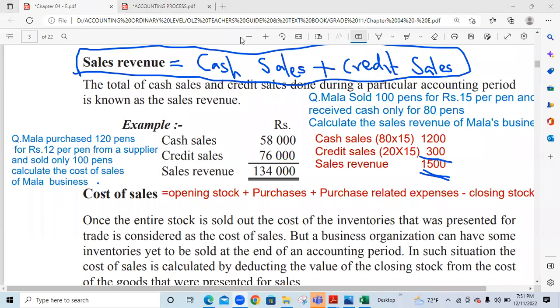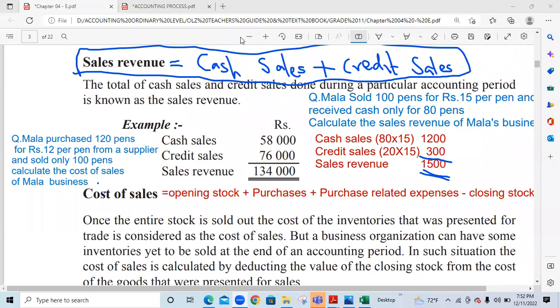No, most of y'all, almost 90% are giving the wrong answer. In order to sell your good, what is the cost you have to incur? Guys, think carefully. How many pens are you selling? Are you selling 120 pens or 100 pens? You purchased 120, I understand.